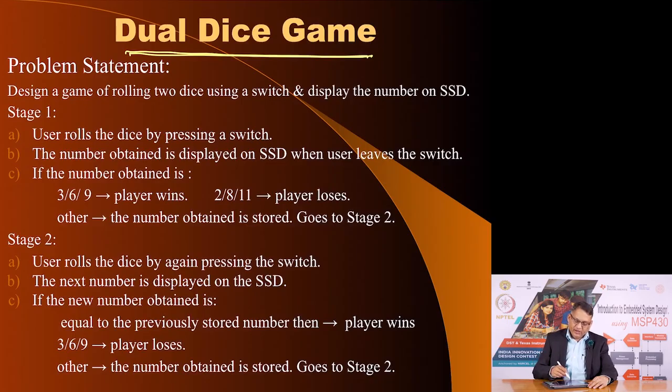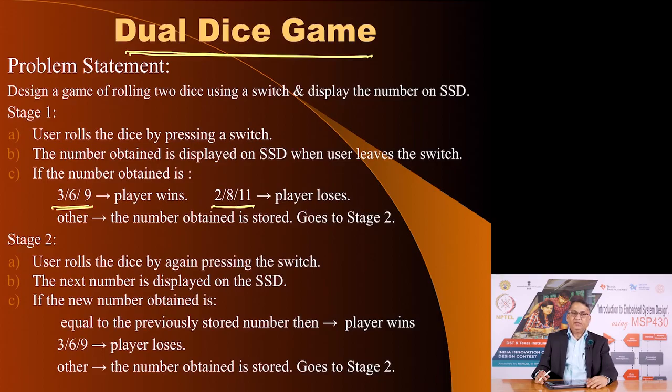So, when we roll the 2 dice, the sum of these 2 dice will be displayed. If the sum of the 2 dice is 3 or 6 or 9, the player wins and the game terminates there. If the sum is 2, 8 or 11, then the player loses and the game ends again.